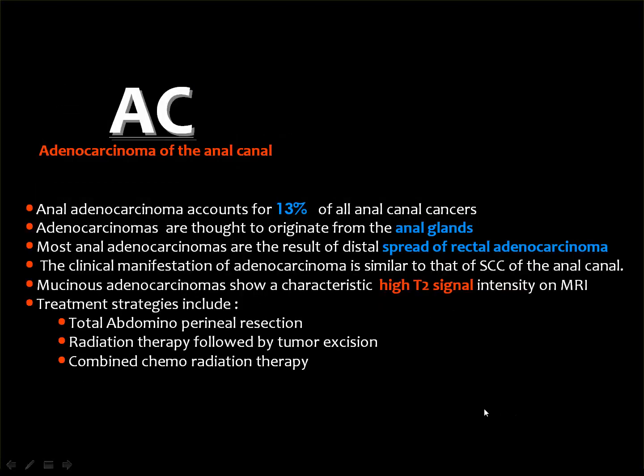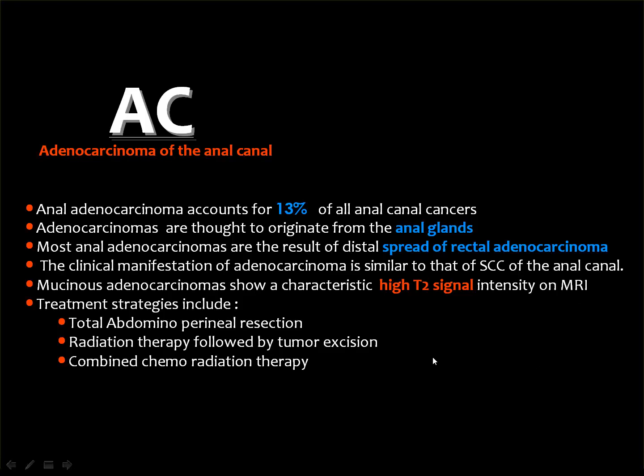Then we come to the anal adenocarcinoma. Adenocarcinoma of the anal canal is in the range of 10% of anal tumors. The adenocarcinoma may arise from the anal glands, but most anal adenocarcinomas are the result of distal spread of rectal adenocarcinoma.